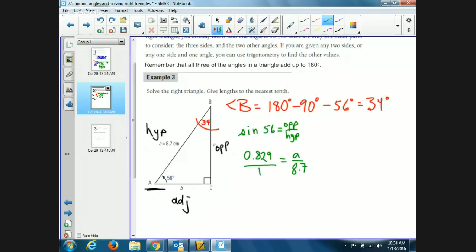We can now solve for A. Cross multiply. I'll give you guys a second to do that. You guys will tell me the answer in centimeters. 7.2 centimeters. That's great.